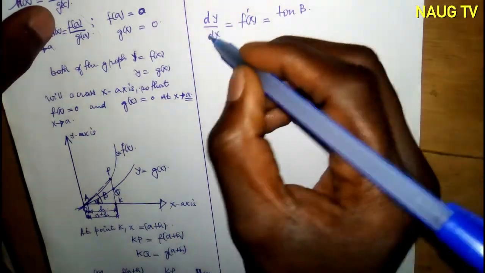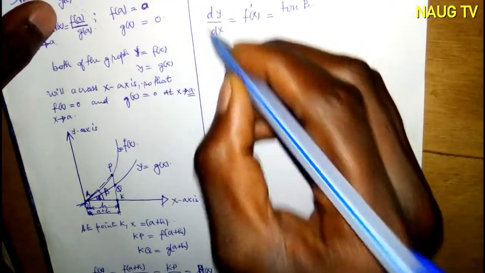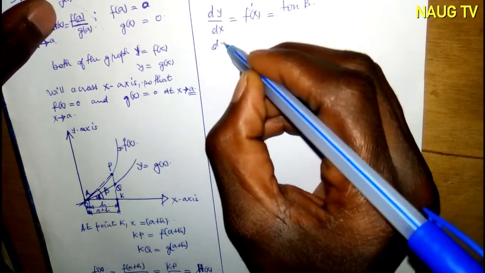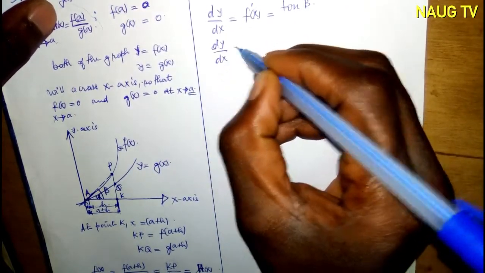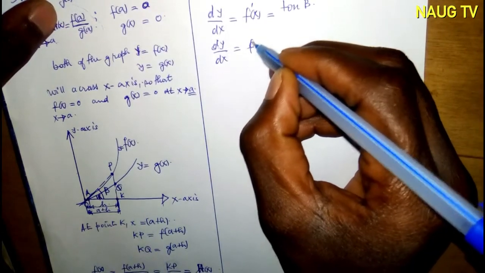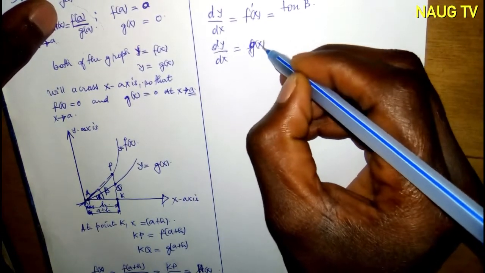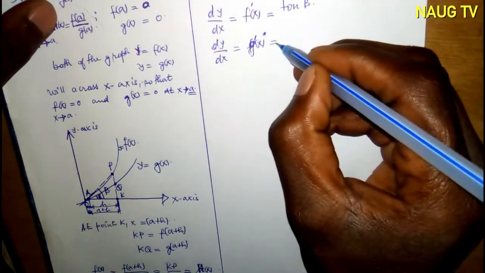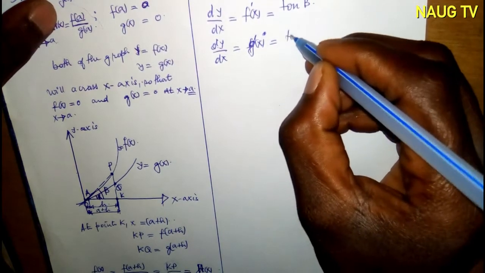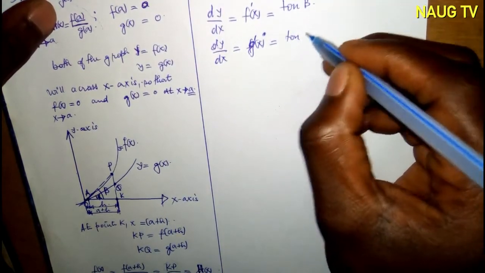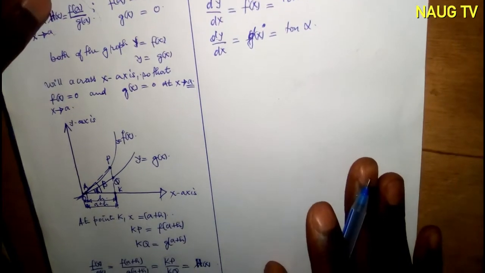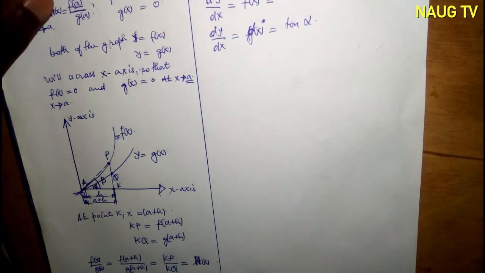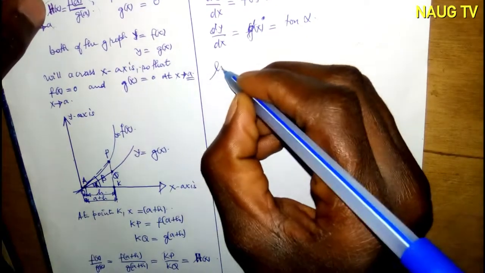The same as also in the second case, dy over dx, which is also equal to the derivative of g of x, which is also equal to tan of alpha.